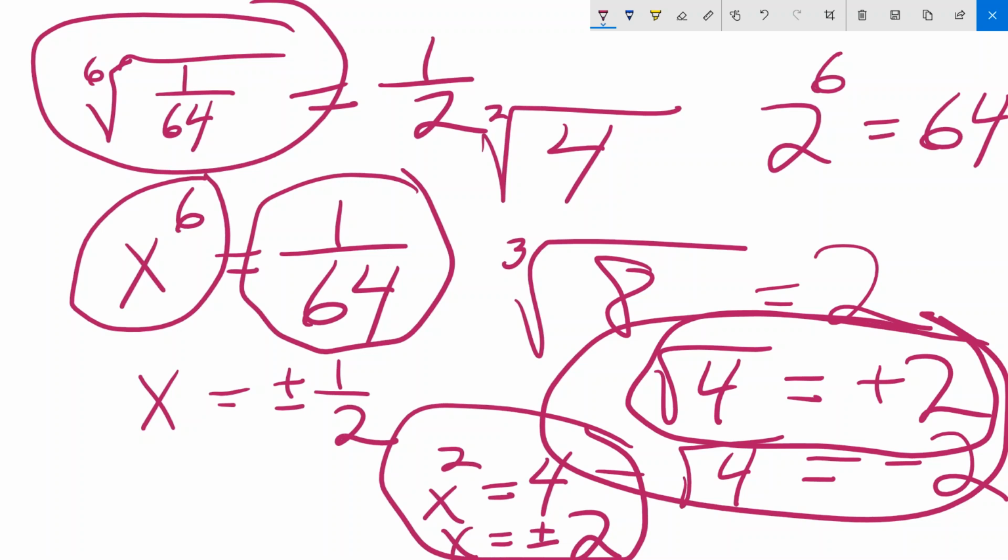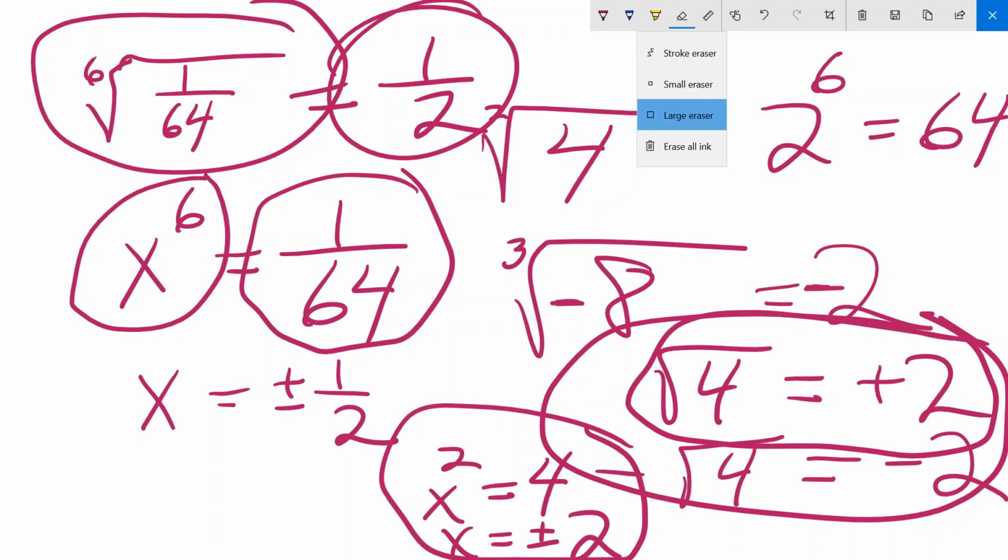If I'm taking the 3rd root of a negative number, like the 3rd root of negative 8, that's actually negative 2, not plus or minus 2. So in the problem you gave me, I think the answer is 1/2, not plus or minus 1/2. All right, what else you got?